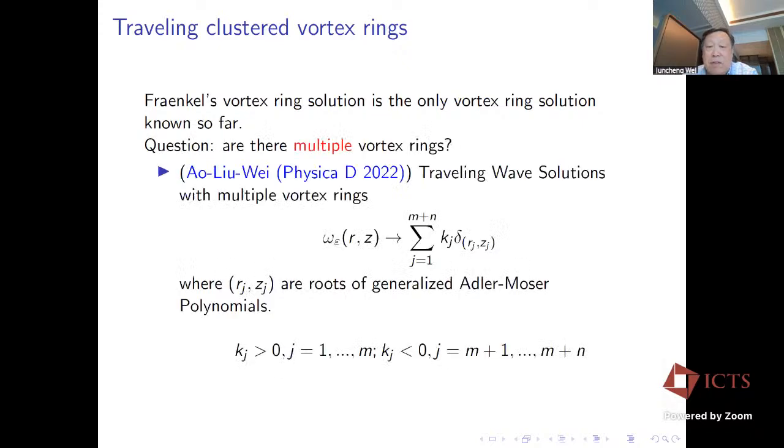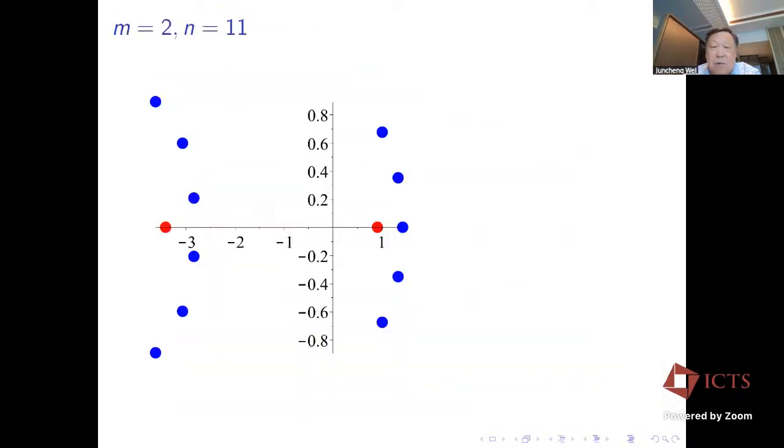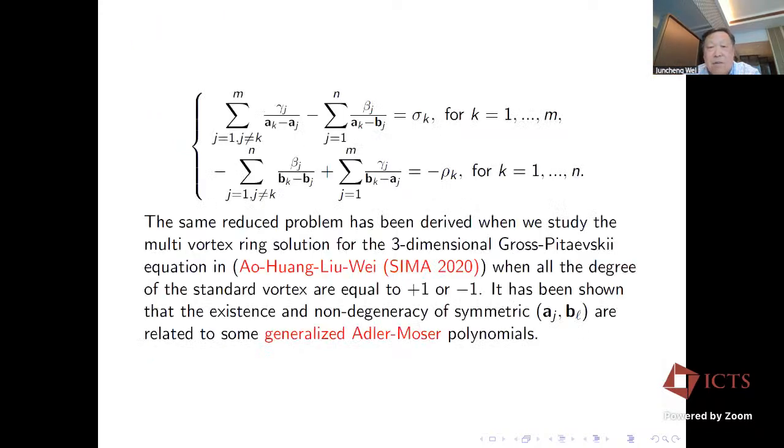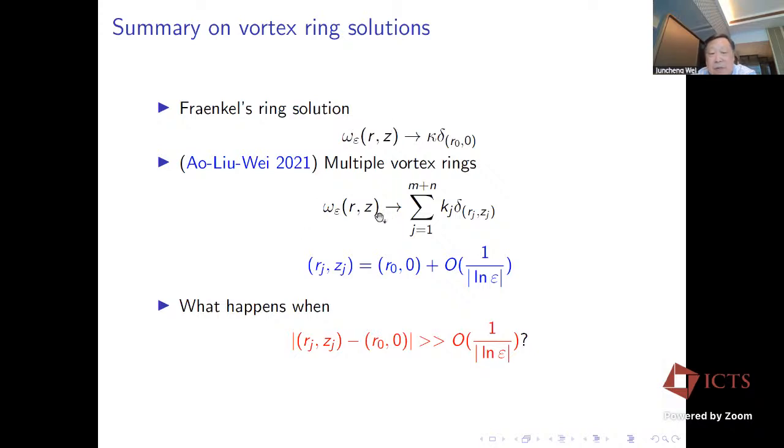Multiple traveling ring solutions we also discussed with Wei, Yao and Yong, and this is related to Adler-Moser polynomials, and you have 3 traveling rings, right? And you can have multiple traveling rings. I will not discuss this because all of this is integrable theory.